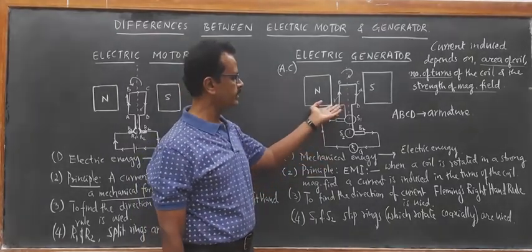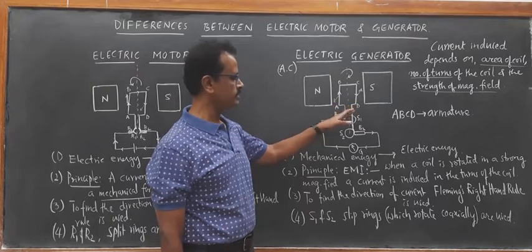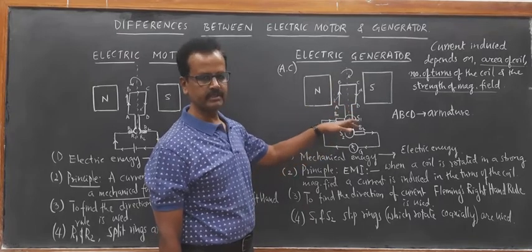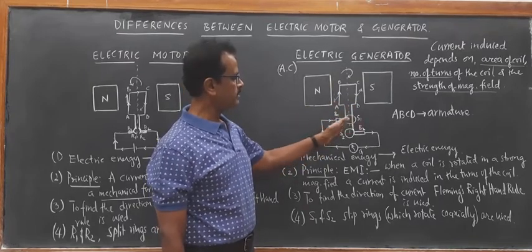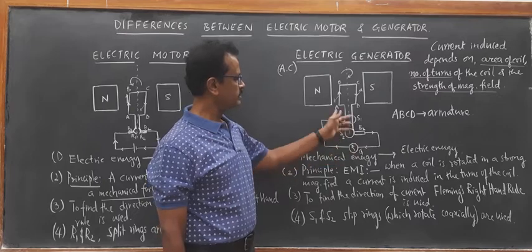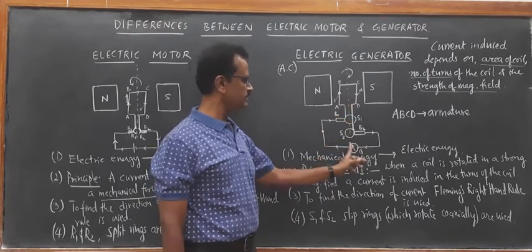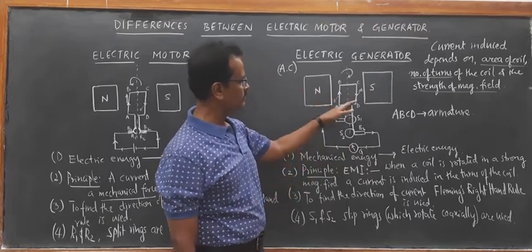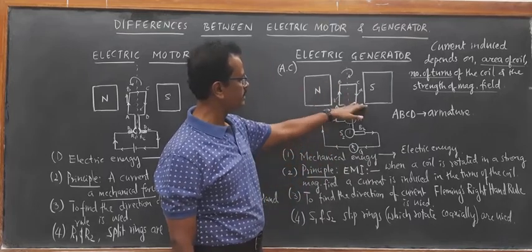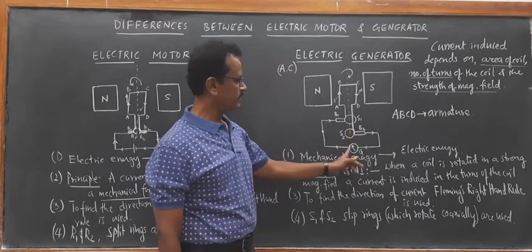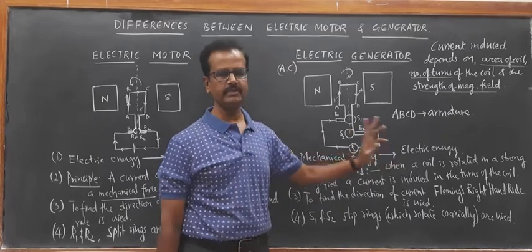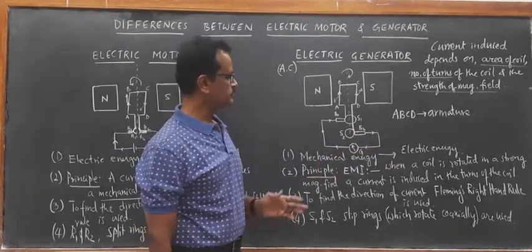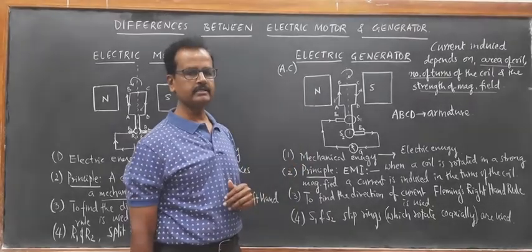As it is rotated, for every half rotation, the direction of the current changes. During this half rotation, if the deflection is towards left, during the next half rotation, when CD comes over here and AB comes over the other side, the deflection in the generator will be towards right. So that's what we call alternating current.